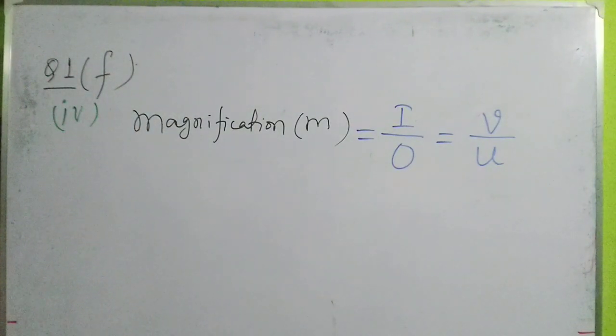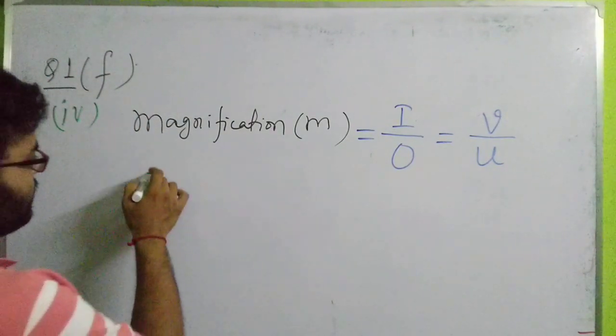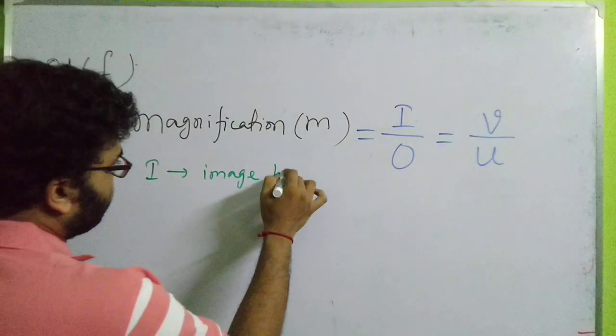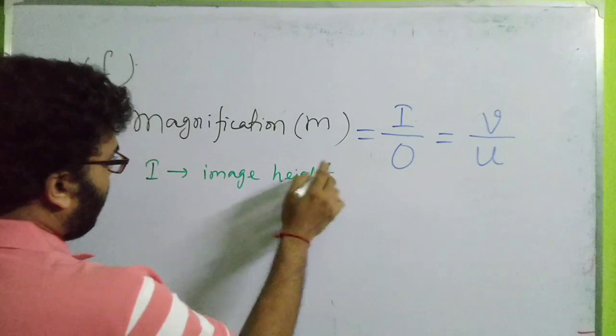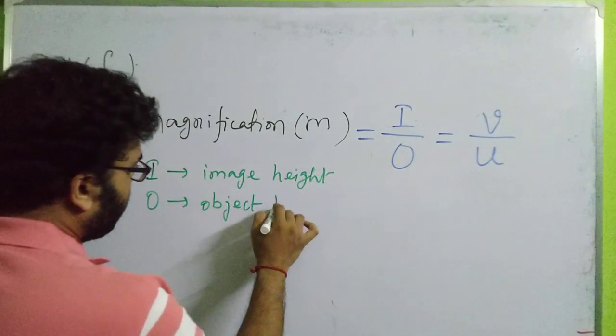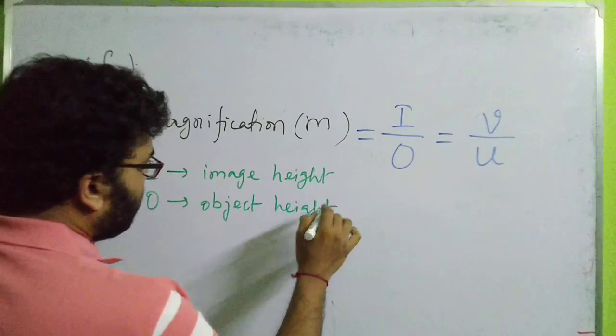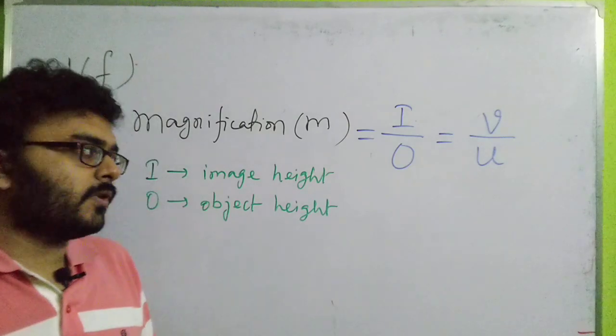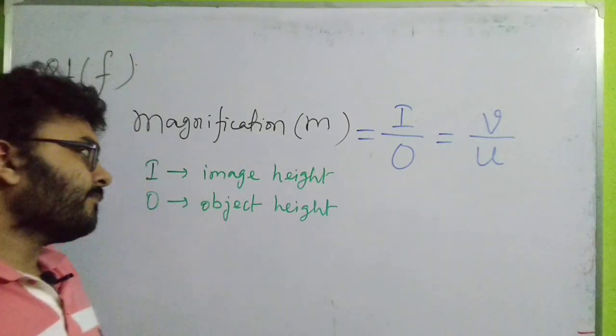Okay, so here I stands for image height, O stands for object height, and U and V, you know, V stands for image distance, U stands for object distance. Fine.